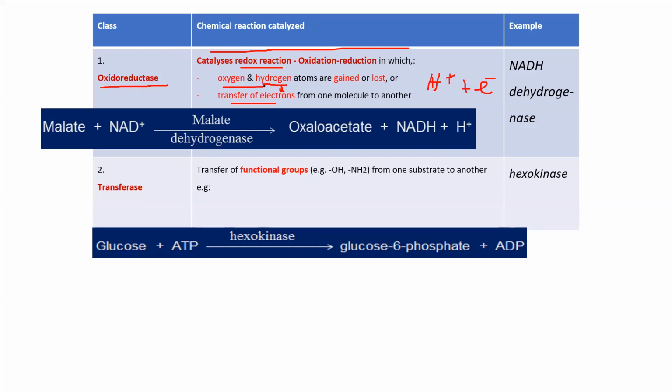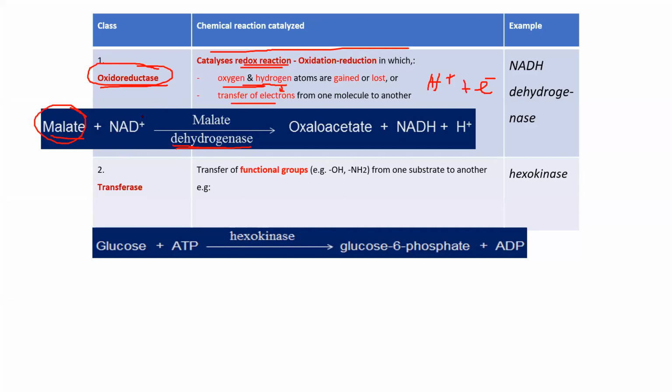And also oxygen atom. So when it involves the removal or gain of these items, oxygen, hydrogen, electrons, it is involved in the oxidation reduction reaction. So they are oxidoreductase. Example macam tadi lah, you have the enzyme malate dehydrogenase. It removes hydrogen atoms from the substrate.